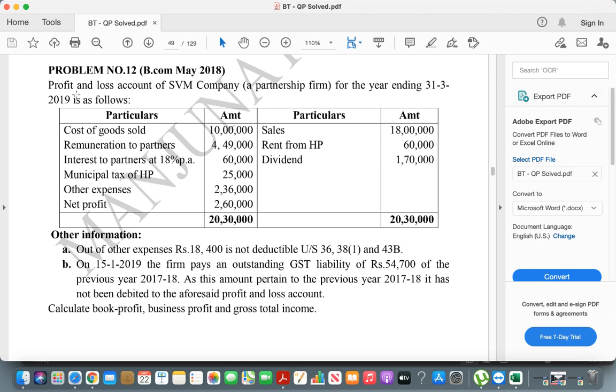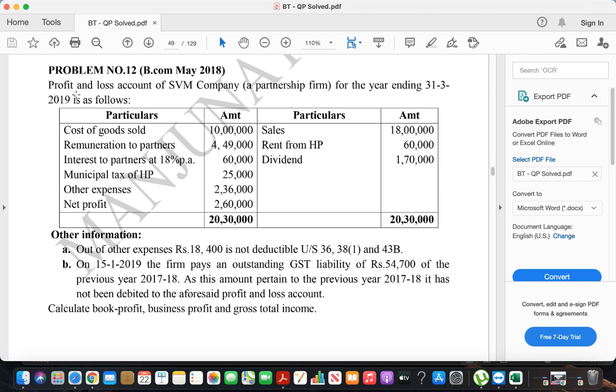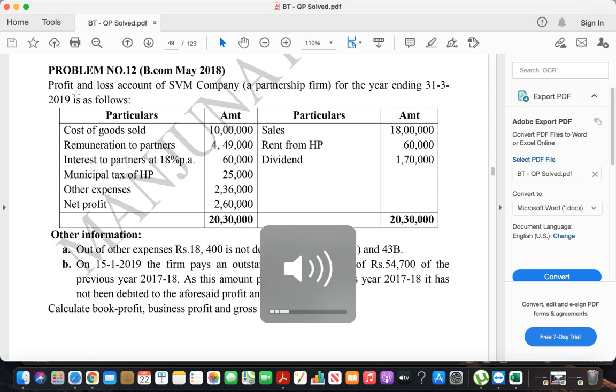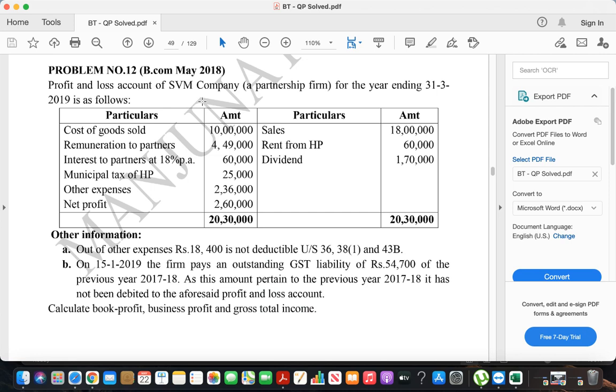Profit and loss account of SVM company, a partnership firm, for the year ending 31-3-2019 is as follows.